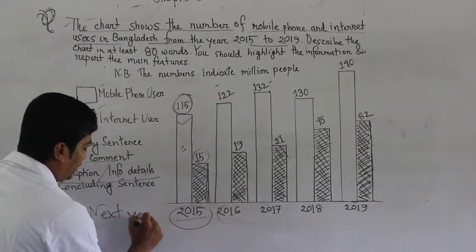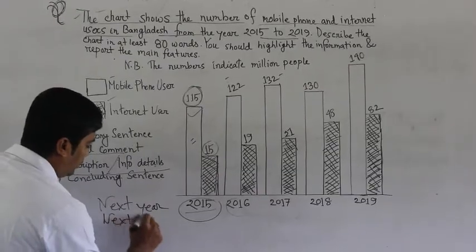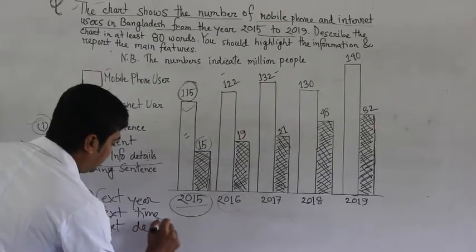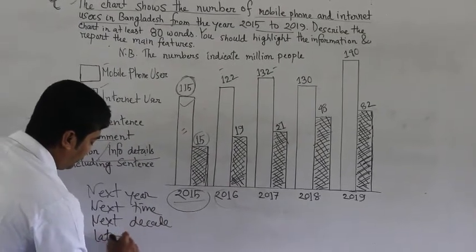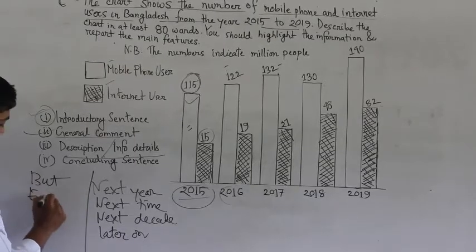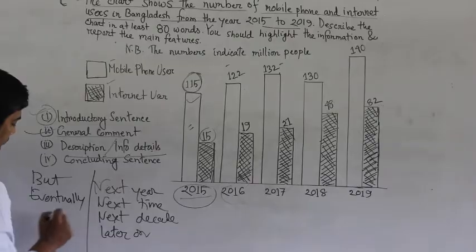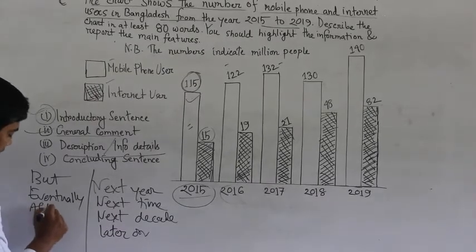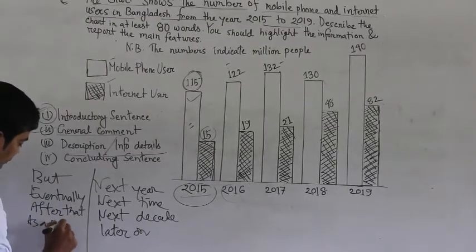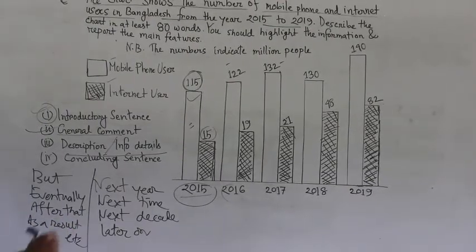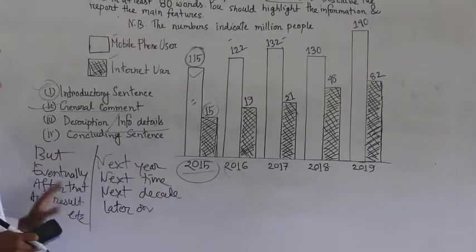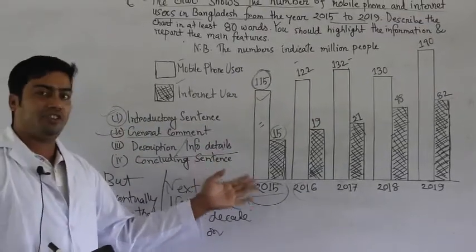Next year, next time, next decade, or later on, but, eventually, after that, as a result, etc. There are many other connectors or linking words you should use when describing a particular chart or table or graph.